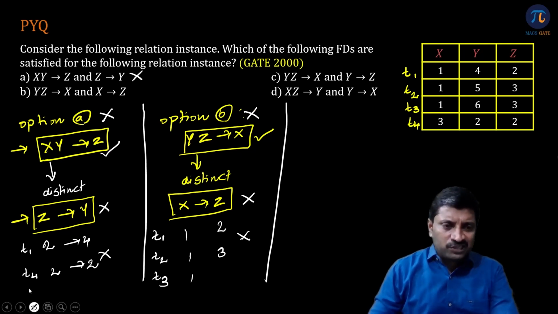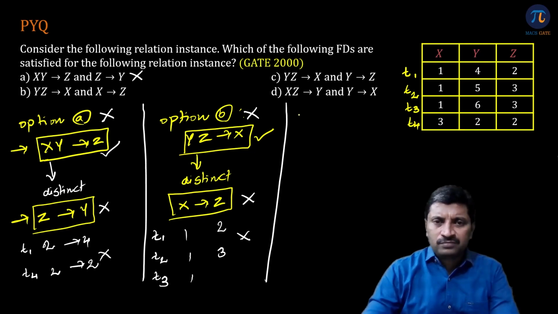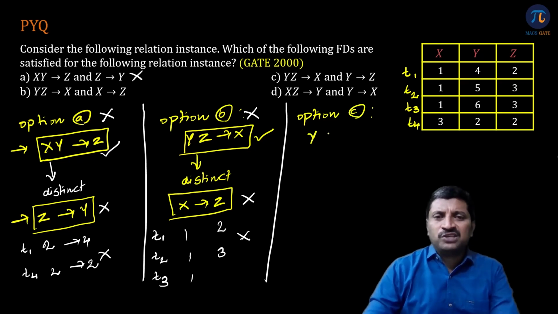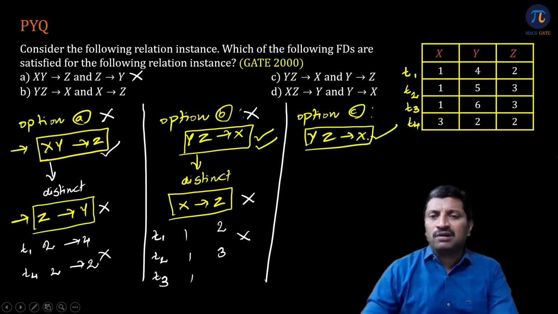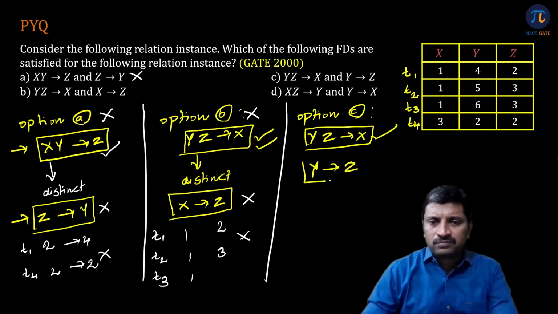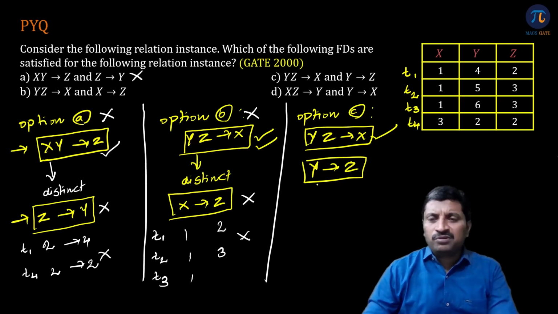What about option C, sir? Option C. The first one is YZ goes to X. Just now we verified, sir. That is correct, because the YZ values are distinct for all records. What about Y goes to Z, sir?